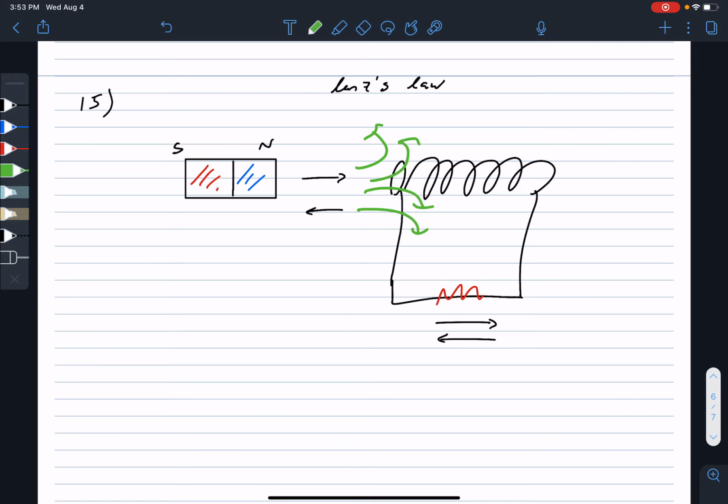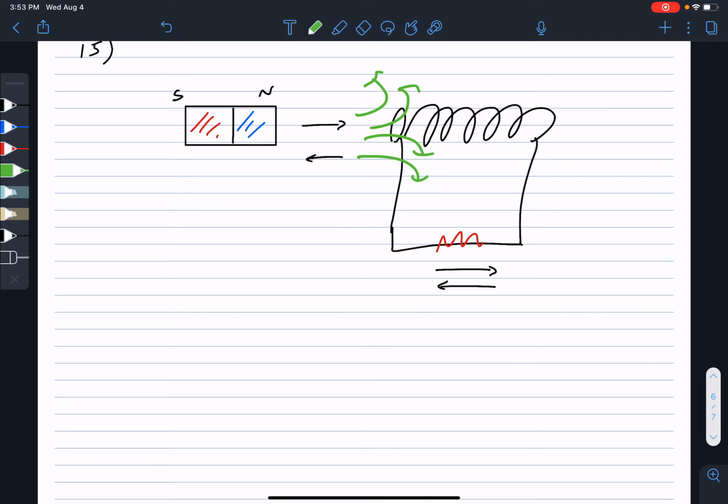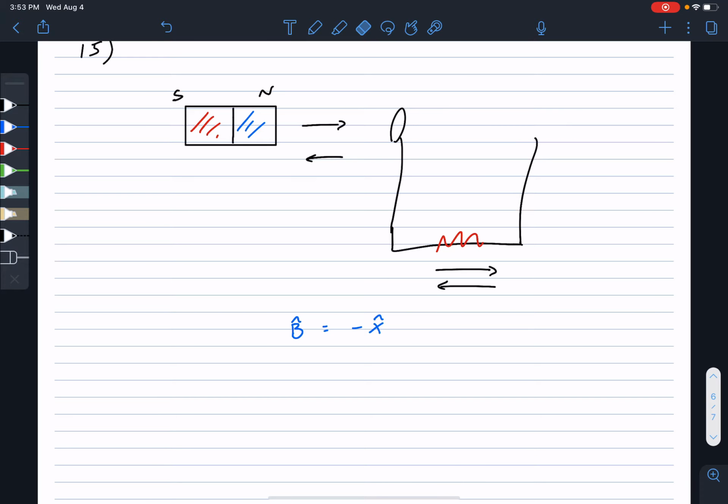So, to account for the change, there's going to be a B field that is actually pushing in the opposite direction. So we're going to have a B field that's pushing backwards like this way. Because we're pushing the magnet and we're increasing the flux through the coil, we have a B field that's going to be pushing back towards the left.